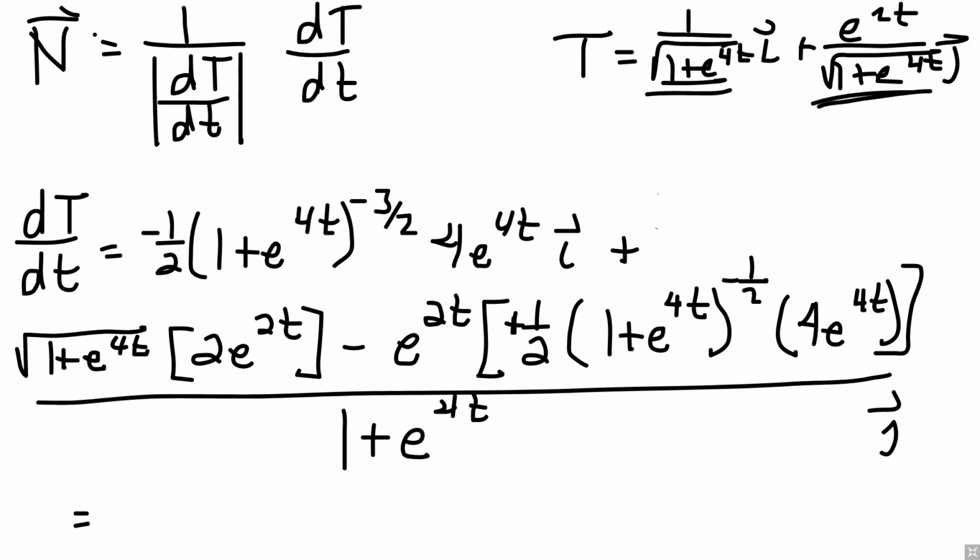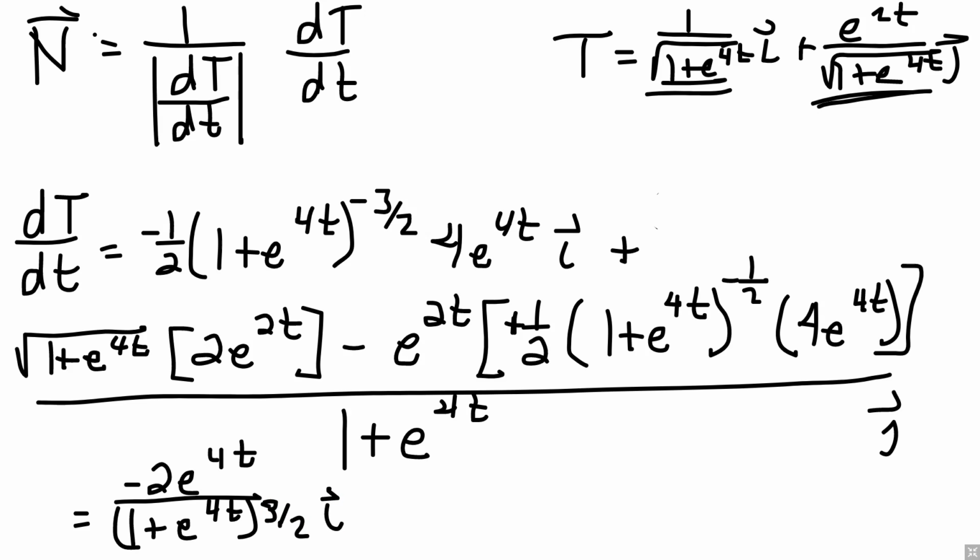The first piece is going to simplify down to negative 2e to the 4t over 1 plus e to the 4t to the 3/2 power. Write it back as a fraction in the I direction, and plus.